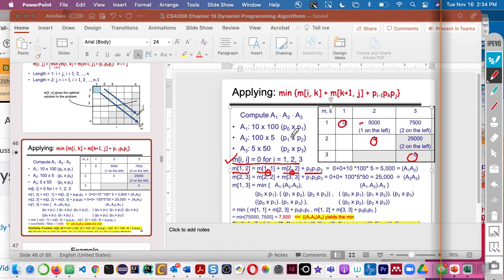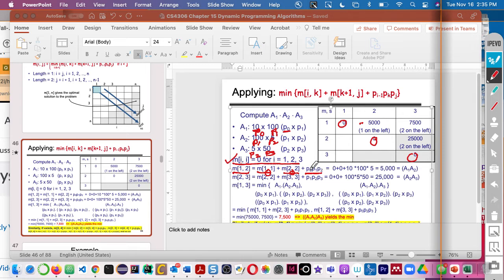Some books say d0, d1 and d2, where d means dimension. So this is p0, this is p1, this is p1, this is p2, this is p3, this is p2, this is p1, and this is p0.